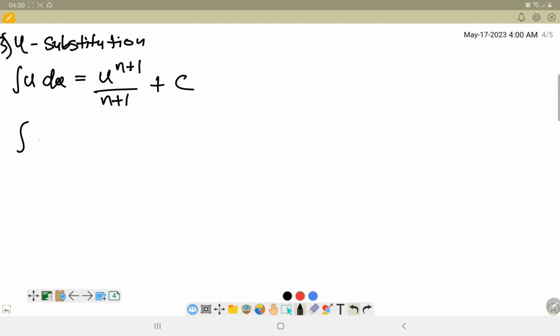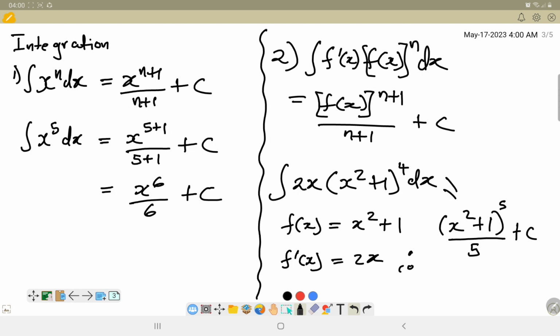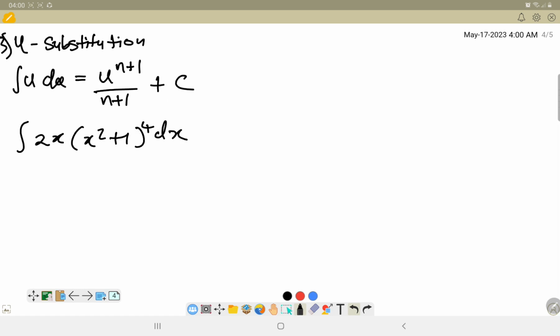That question was the integral of 2x times x squared plus 1 all to the power 4 dx. This formula number 2 and u substitution work out to the same answer, but the way they are applied is a bit different. In this case, we let u be equal to x to the power 2 plus 1.